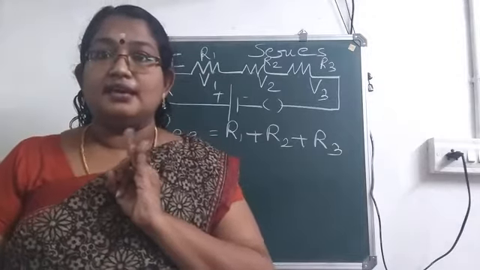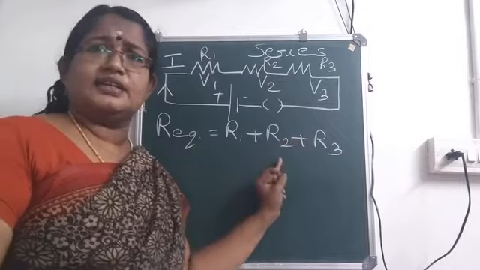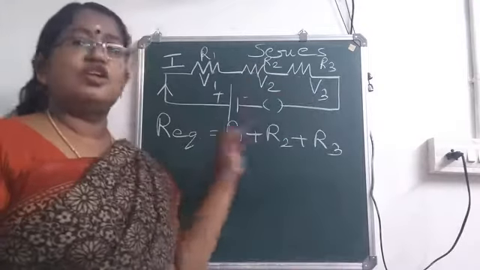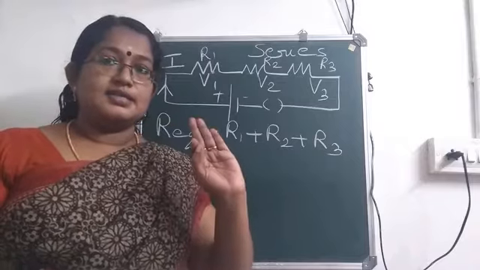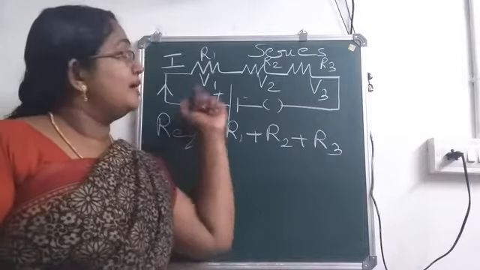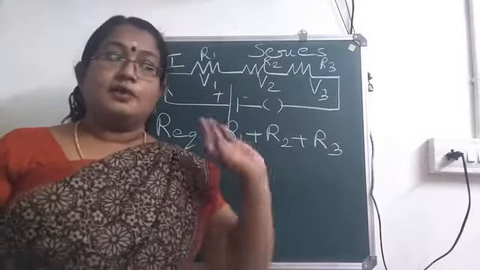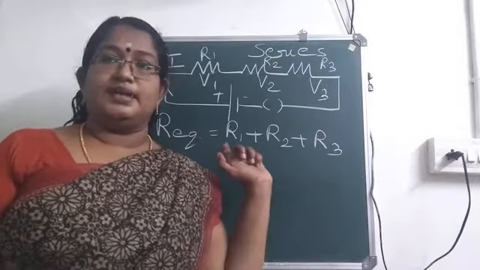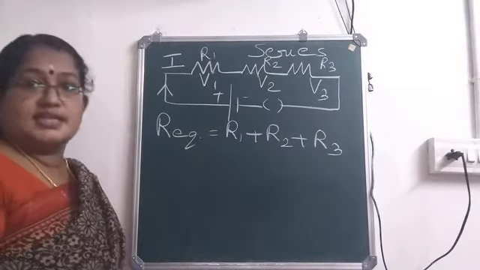Now the second thing, in series connection, the same current will be flowing through the entire circuit. Then in a series connection, the voltage or the potential difference will be different at different resistors. Potential is different but current will be the same. So this is what you have to remember about series connection.